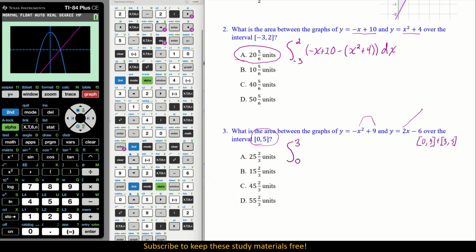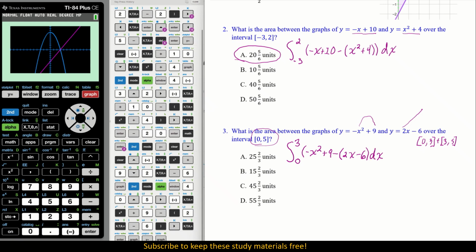So I'm going to put 3 here. And then what I had earlier, that we could have left actually. So we put plus 9 minus, okay, 2x minus the 6, and then dx.